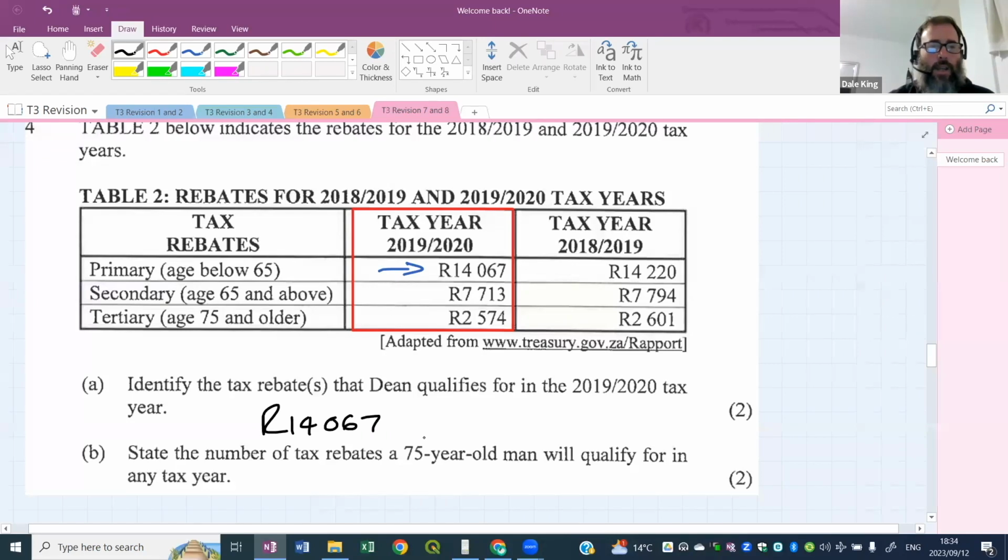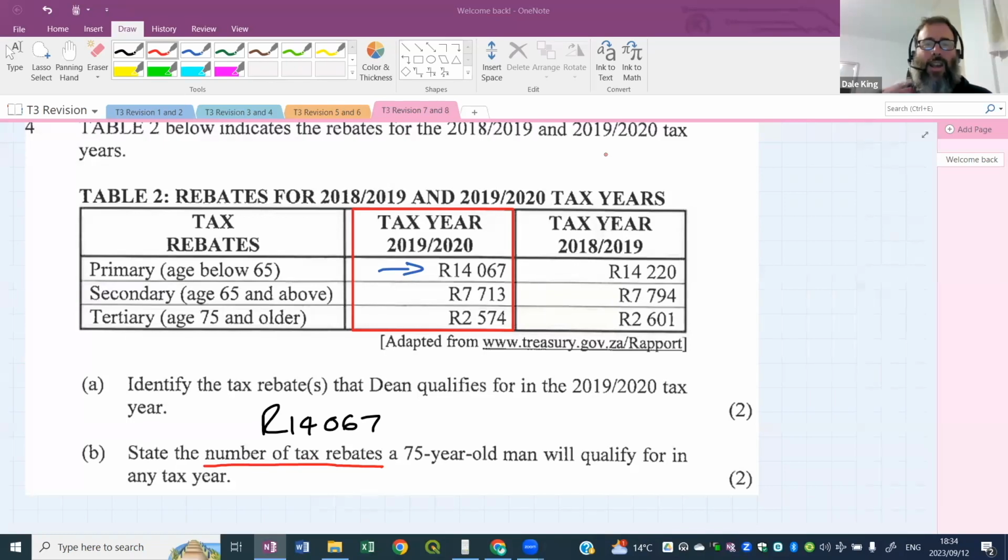Now, question B: state the number of tax rebates a 75-year-old man will qualify for in any tax year. State the number of tax rebates. Careful of the wording. Yes, Ben. State the number of rebates, not what are the rebates, or state the rebates, or write down the rebates, or give the rebates.